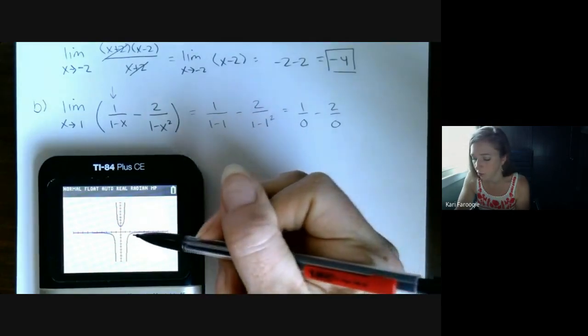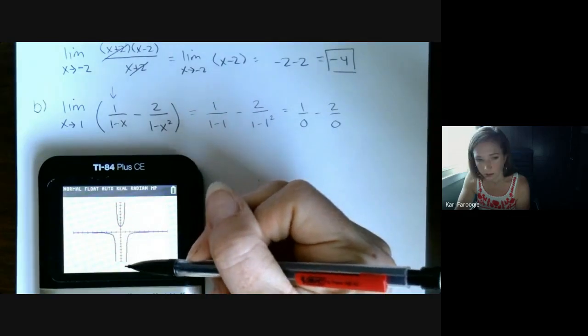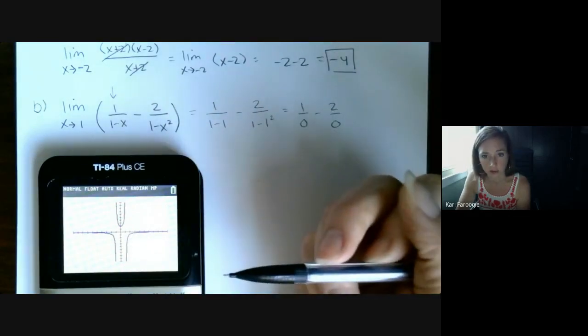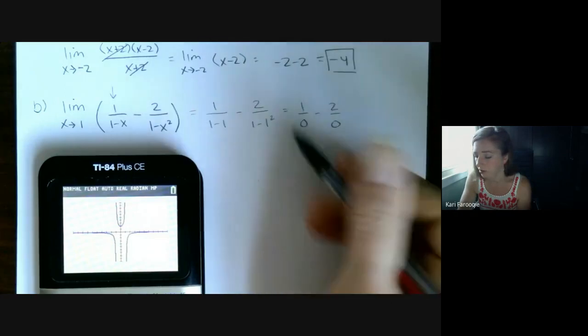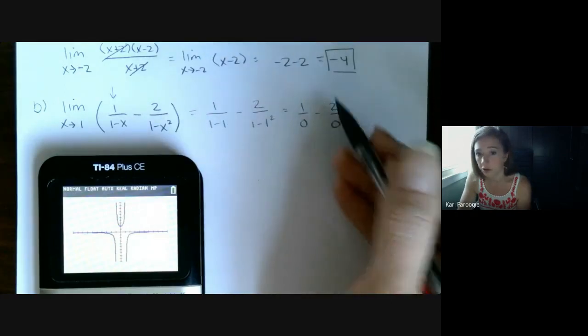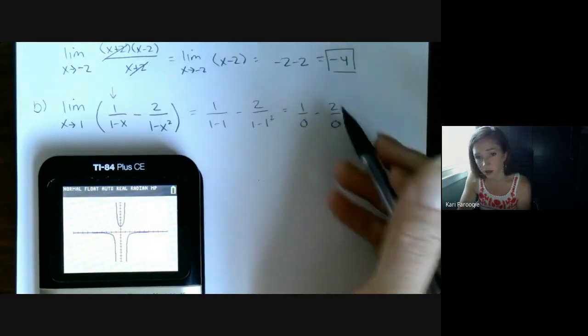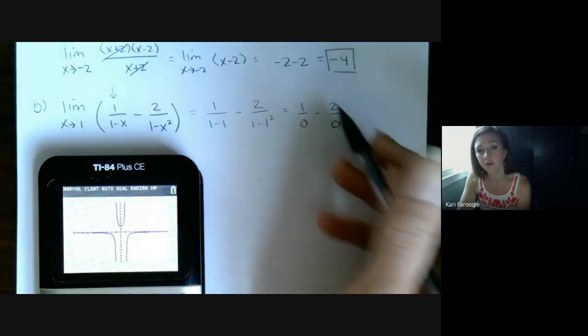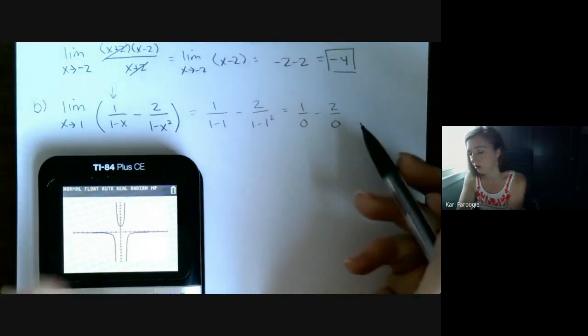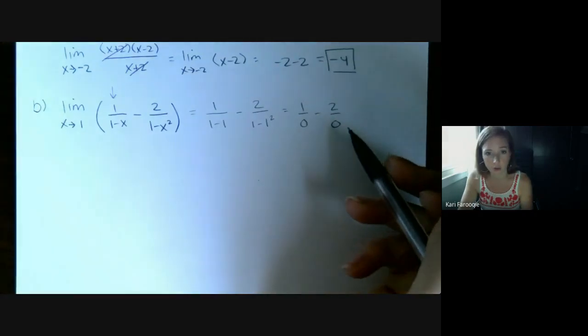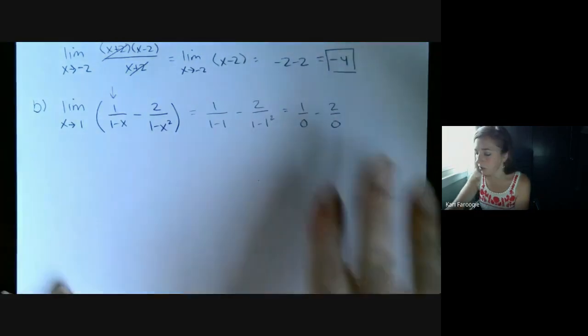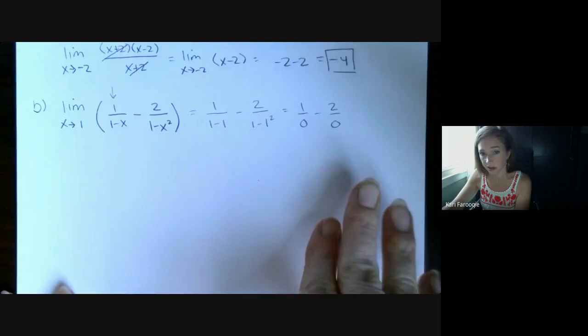And then as you approach 1 from the right, the values of y are heading down to negative infinity. So this one is all over the place. You don't know what's happening. You don't know if it's infinity, negative infinity. But anytime you have some sort of an infinite value minus another, that's indeterminate. So this is a no-go. It's an indeterminate form.